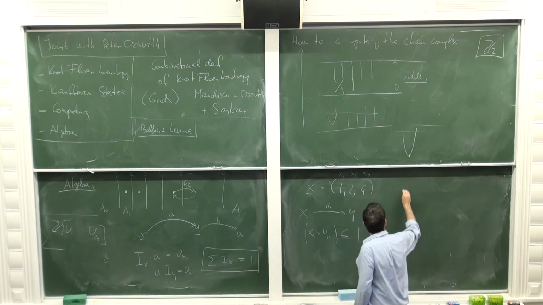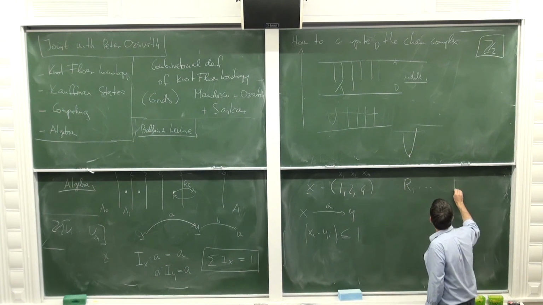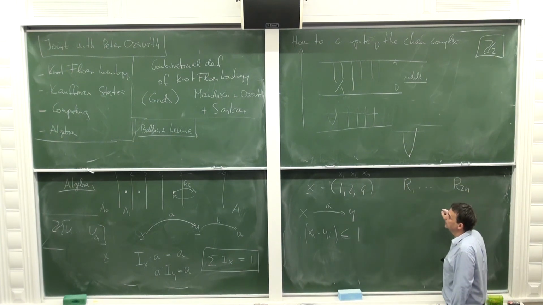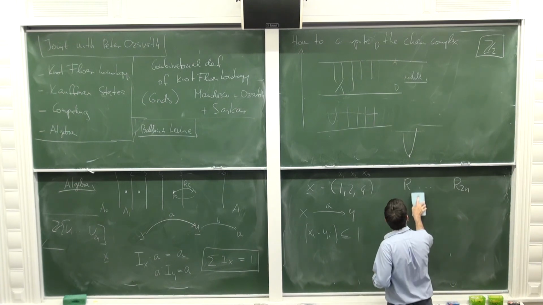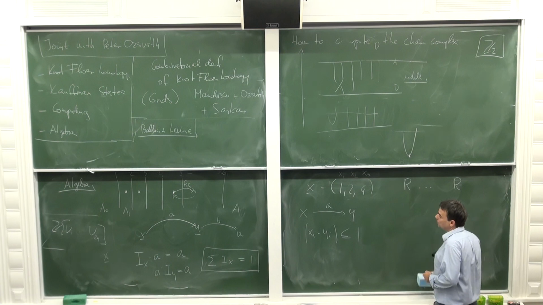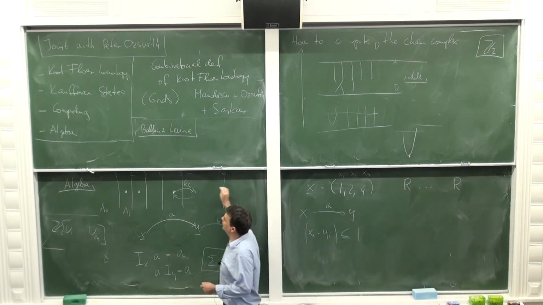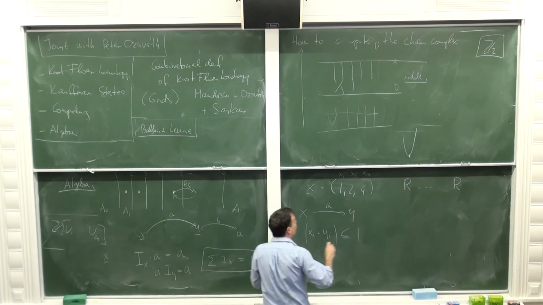So we have these R1, R2, and it's sort of special because some coordinates are not allowed.